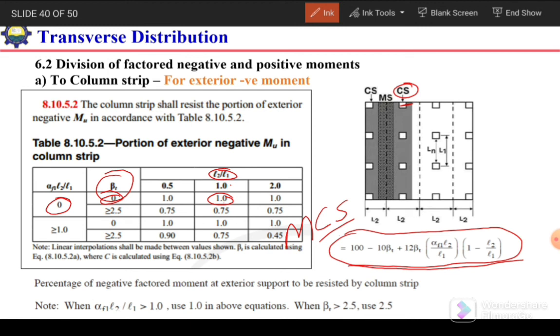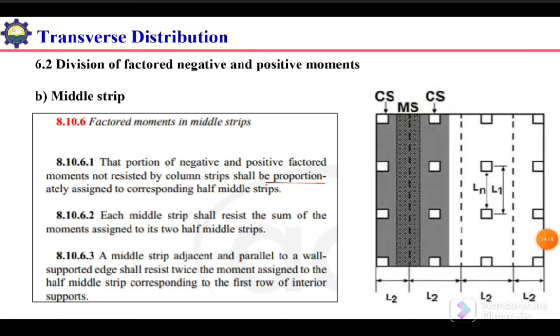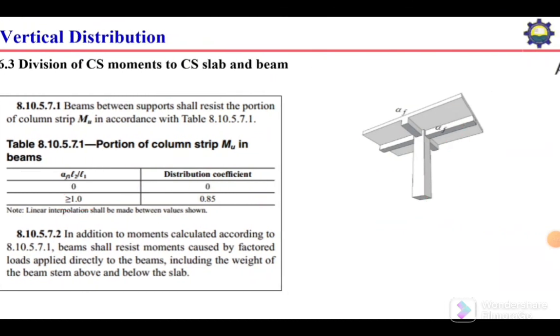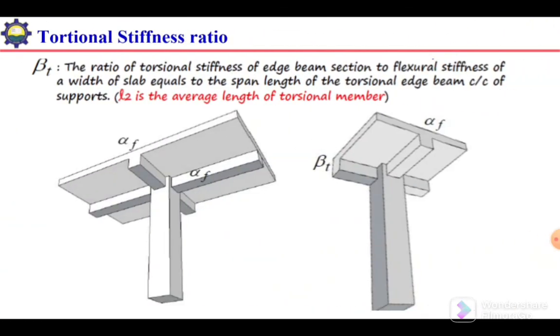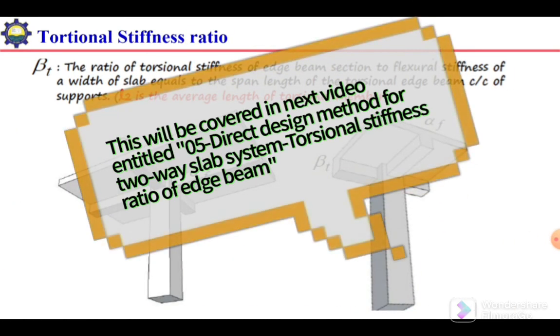The question is how we can calculate this beta T. The torsional member is at the edges, so for these edge beams, we need to calculate this torsional stiffness ratio to distribute the exterior negative moment to the column strip. In the next video, inshallah, we will cover this portion, the calculation of torsional stiffness ratio. We will see what the torsional stiffness ratio is and how we can calculate it.